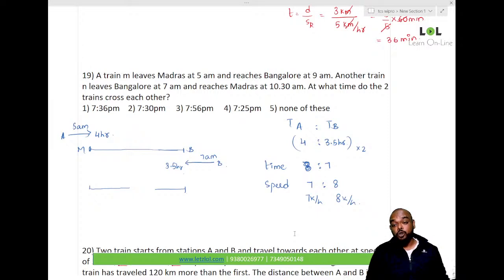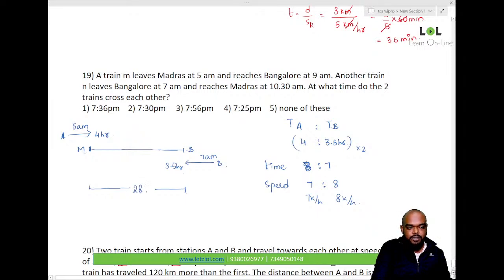Don't look at the ratio. Look at the actual time. Train A takes how much time to reach Bangalore? 4 hours. It is traveling at what speed? Speed of train A, 7 kilometers per hour. How do we calculate distance? Speed into time. 7 into 4, 28 kilometers. Okay. So Manohar, Sangram, perfect. So distance is 28 kilometers.